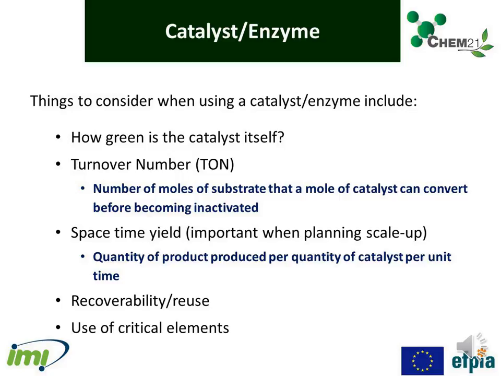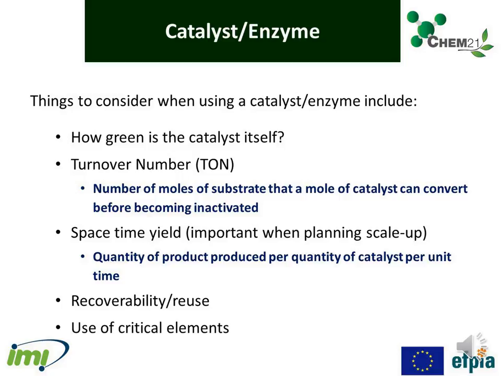A lot of people will say that if they're developing a catalytic process, then by default it's green, because one of the principles of green chemistry is that catalysis is always better. However, we are getting to the stage where we need to start delving deeper into the catalyst that we're using. How green is a catalyst itself?